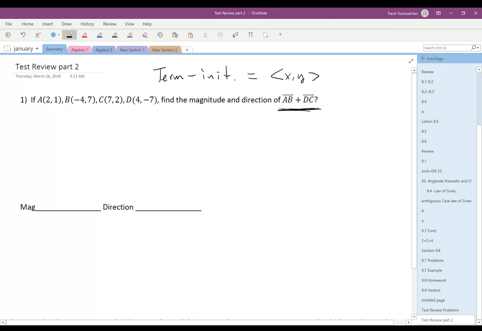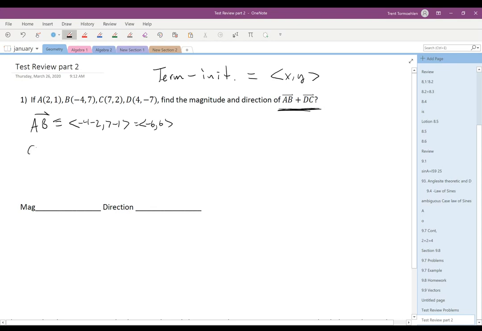So for AB, A is the initial point, B is the terminal point. So our vector AB is just going to be, A is initial, B is terminal, so it's going to be -4 minus 2, 7 minus 1, which equals -6 comma 6.